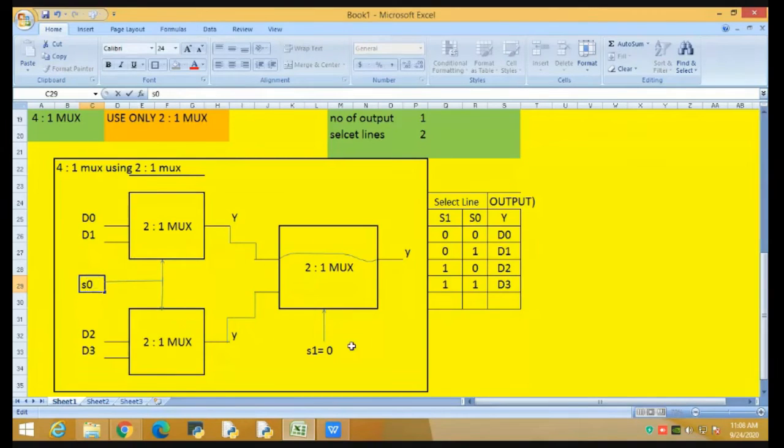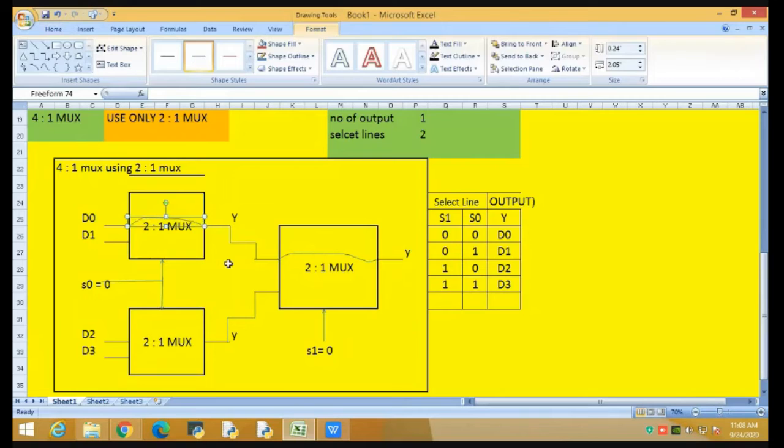S1 is connected to 0, so the first input is connected to Y. Now S0 is also 0. So S0 is also equal to 0. Then this first input is connected to the Y.